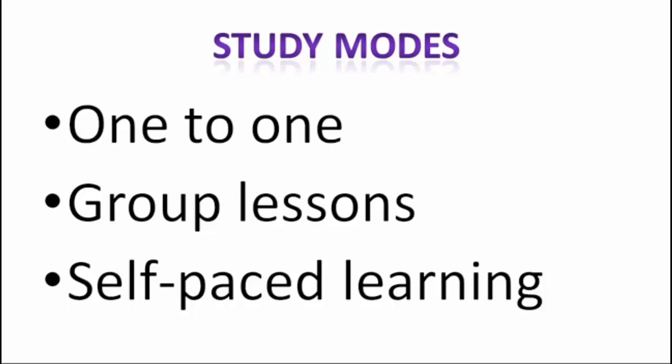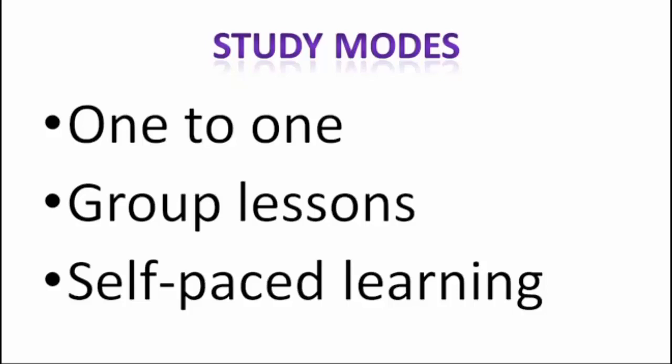Now we come to the last part of this lesson, the study modes. We have three options to study this course. The first option is one-to-one. This is the easiest option because you can choose your available day and time that you want to study on.